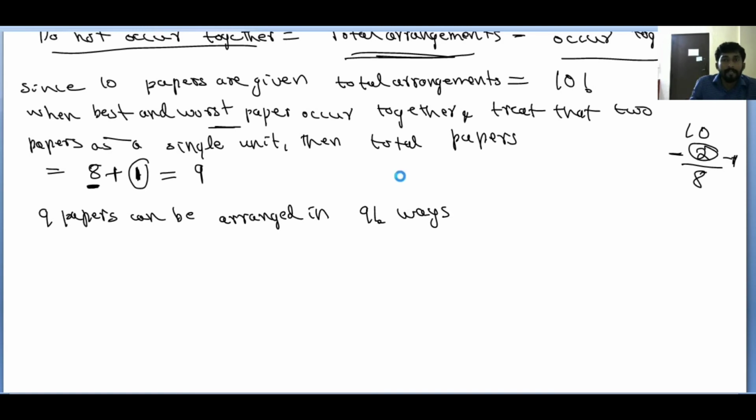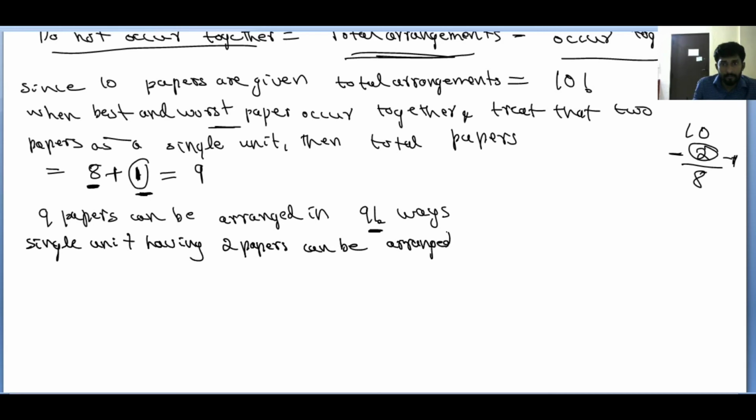If n distinct objects are given, they can be arranged in n factorial ways. In this 9 factorial, each arrangement has one single unit, and it has 2 papers, one is the worst paper, another one is the best paper. The single unit having 2 papers can be arranged in how many ways? 2 factorial ways. We solved similar problems in case 1.